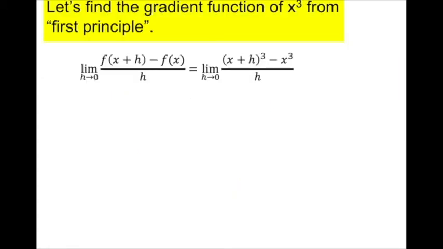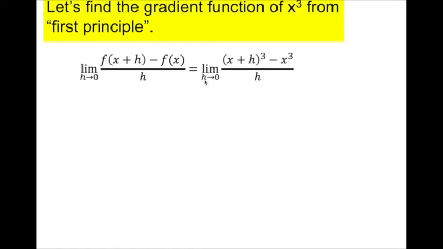Okay, let's do another example. When we try to find the gradient function using this formula, it is said that we are using the first principle. Remember, this is our original function, f of x equal to x cubed. Therefore, f of x plus h is equal to x plus h all to the power of 3.